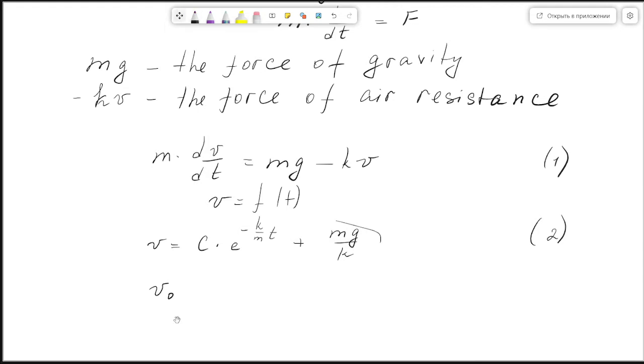We assume this initial velocity to be known, but then the unknown function v is f of t must be such that when t is 0, when motion begins, the condition v is v0 is fulfilled.